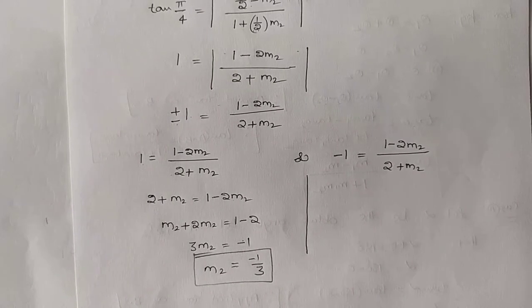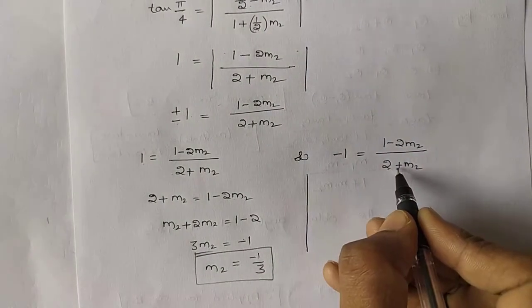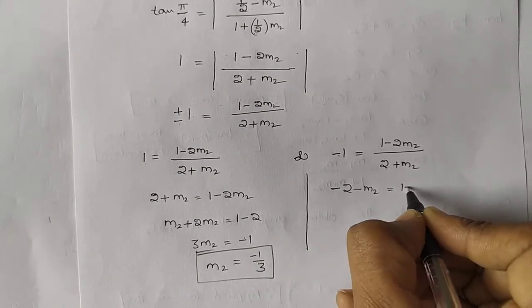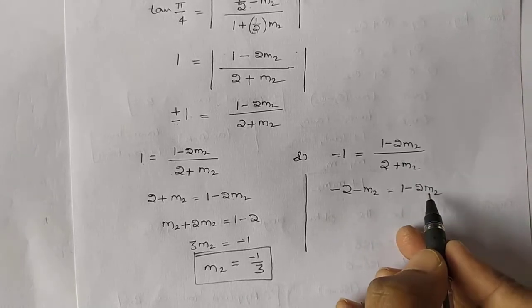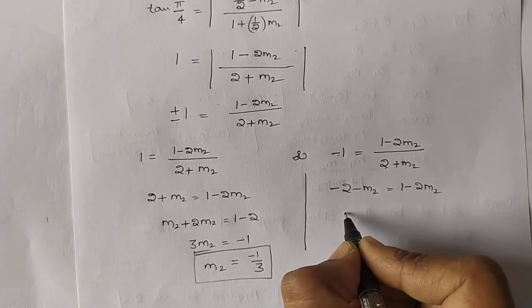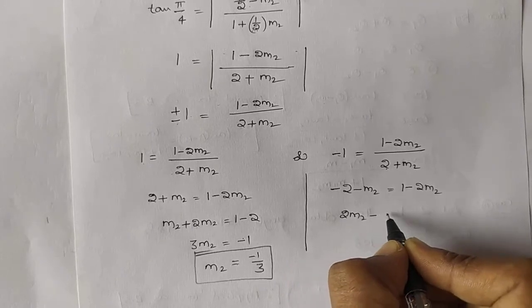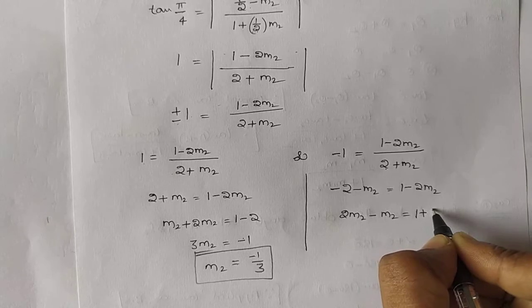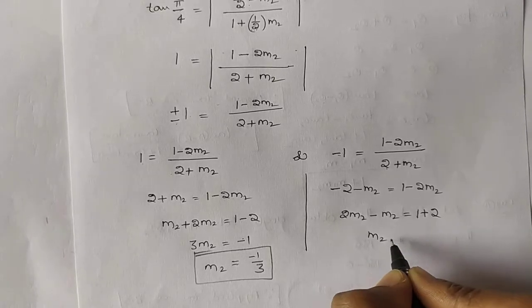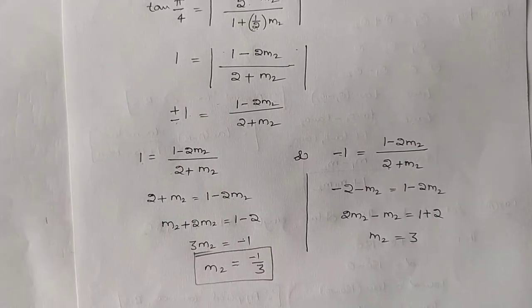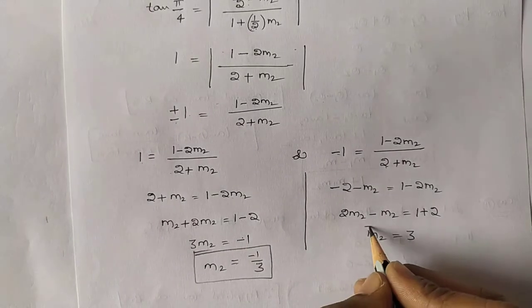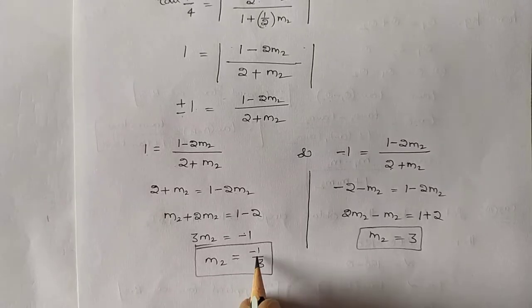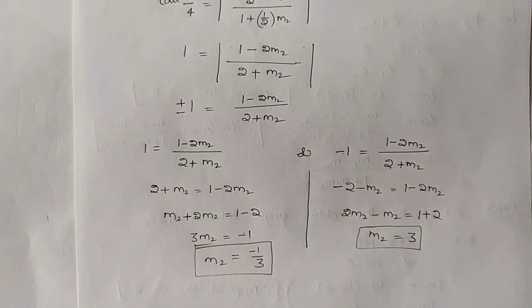Next, the second case: (2 plus m2) into minus 1 is minus 2 minus m2 equals 1 minus 2 m2. Take the minus 2 m2 to the left: 2 m2 minus m2 equals 1 plus 2. So m2 equals 3. The slope of the other line will be minus 1 by 3 or 3.